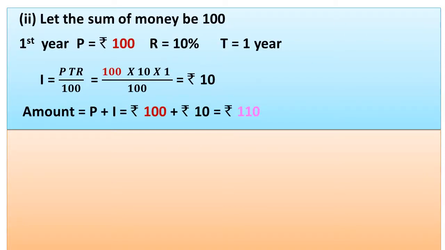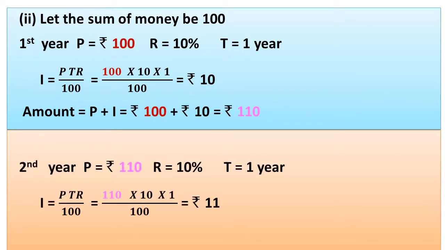Let us consider the principal as 100, rate of interest 10%, then the amount will be equal to 110. In the second year, let us take the principal as 110, and the interest will lead to rupees 11. In this case, we are not calculating the amount. Why?